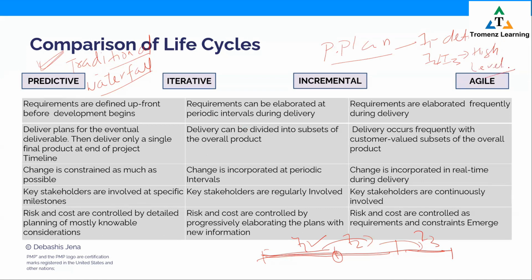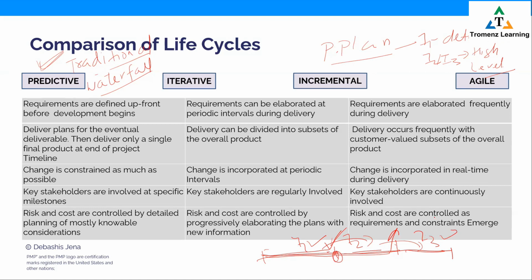So when are we going to plan iteration 2 in detail? At the end of iteration 1, you sit and do the detailed planning for iteration 2. Likewise, at the end of iteration 2, we'll sit and do the detailed planning for iteration 3. So this is how it works.